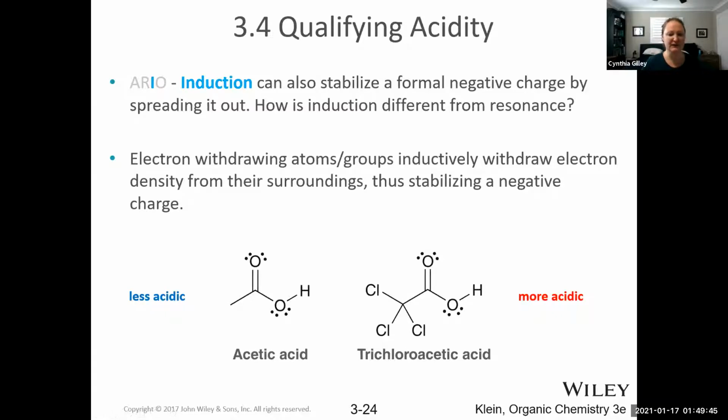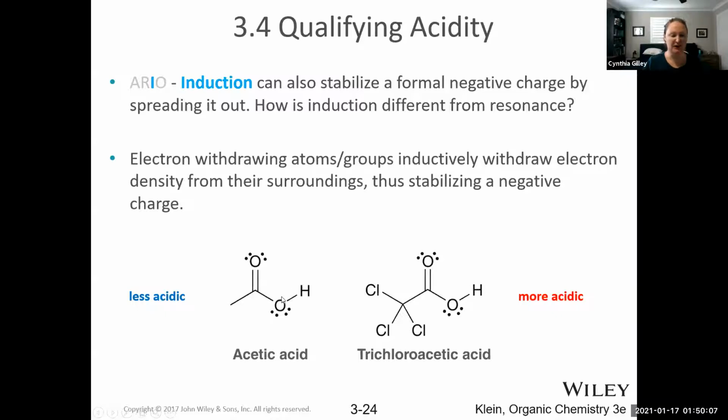But of course, the first step is to draw the conjugate base. You should draw the structure of trichloroacetic acid after the proton has been removed, and we've moved these sigma bonded electrons to the oxygen as a lone pair. Same thing with acetic acid, remove this proton and move these electrons to the oxygen as a lone pair.